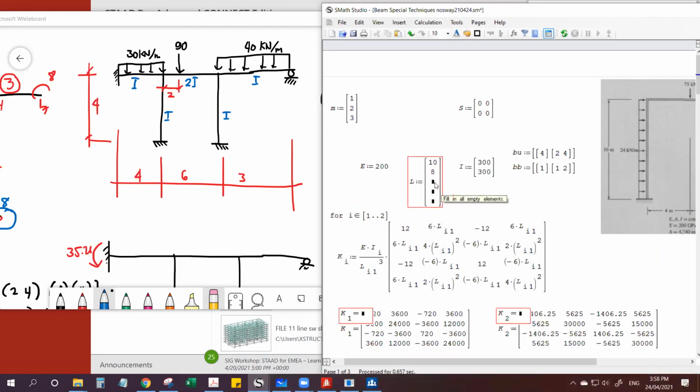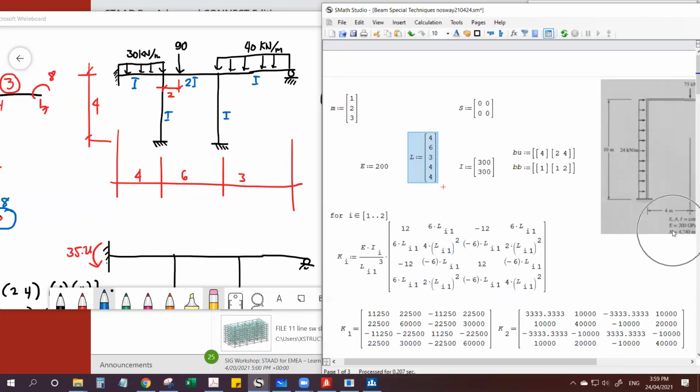With lengths 4, 6, 3, 4, and 4. This should be 4. Should be 6. 3, 4, and 4. 4, 4.